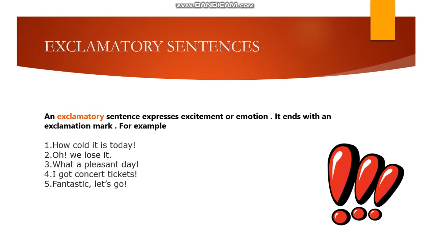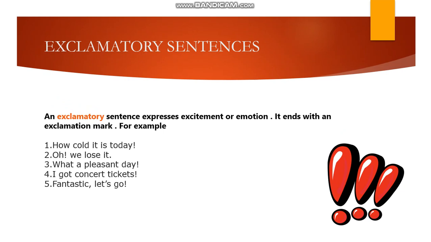Exclamatory sentences. An exclamatory sentence expresses excitement or emotions of happiness or sorrow or surprise. It ends with an exclamation mark, and sometimes it also uses an interjection. For example, how cold it is today. Oh, we lose it. What a pleasant day.